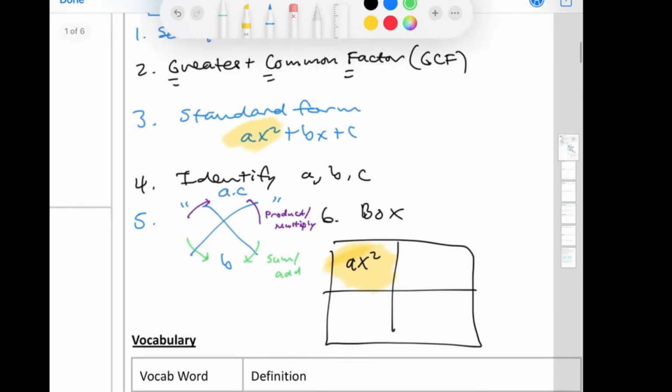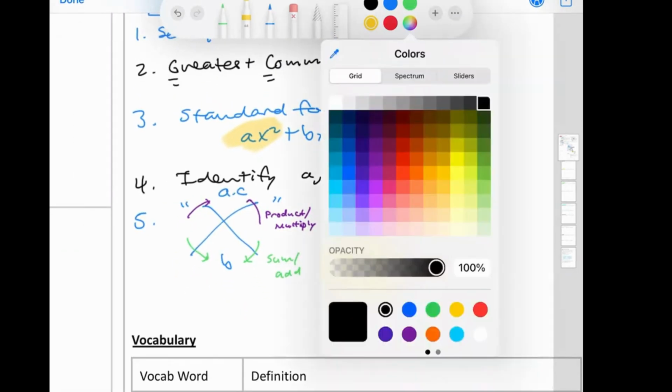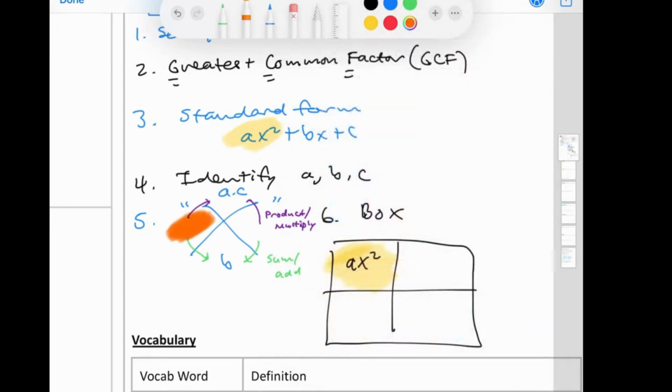Okay. Once you do that, you will take these two values and put them here always. So I'm just going to write something x, something x.